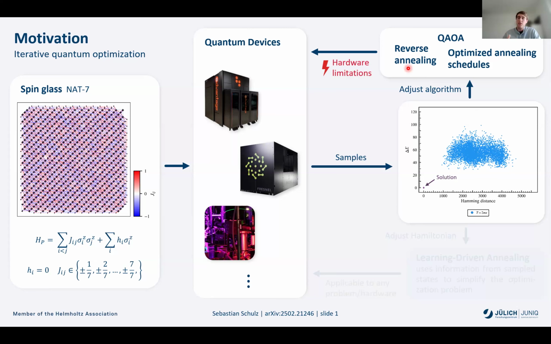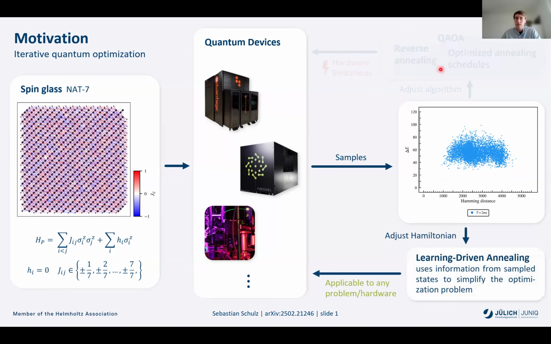So they can improve in energy, but they also hit a hard limit, and they cannot reach the solution state either. So we see that tweaking the algorithm is not really an option. While it works well in simulations and on paper, due to the hardware limitations, this will not help us to reach the actual ground state.